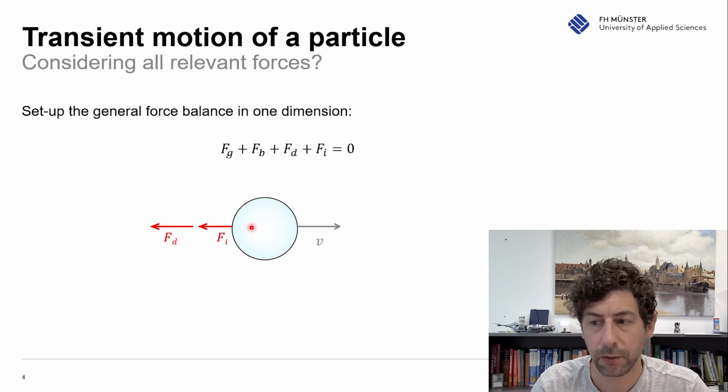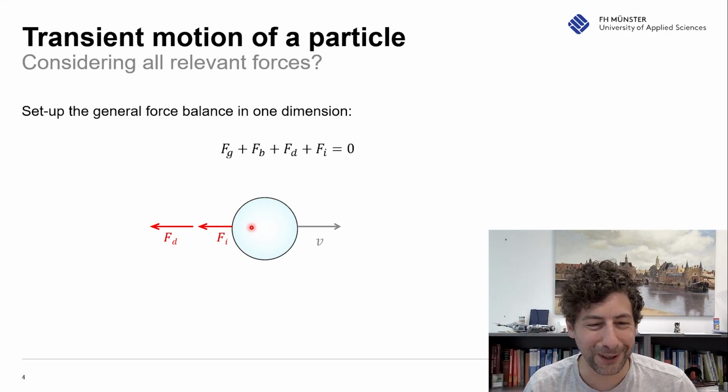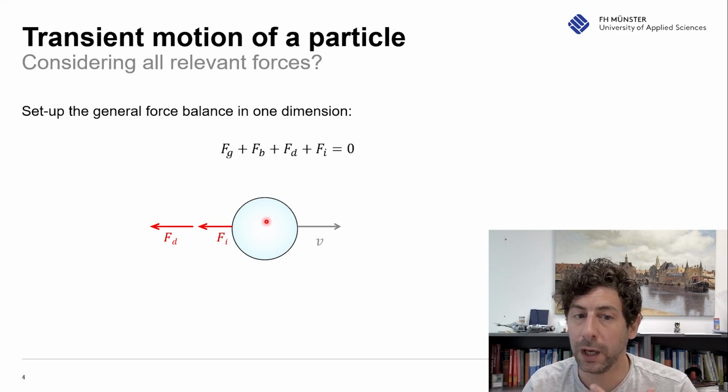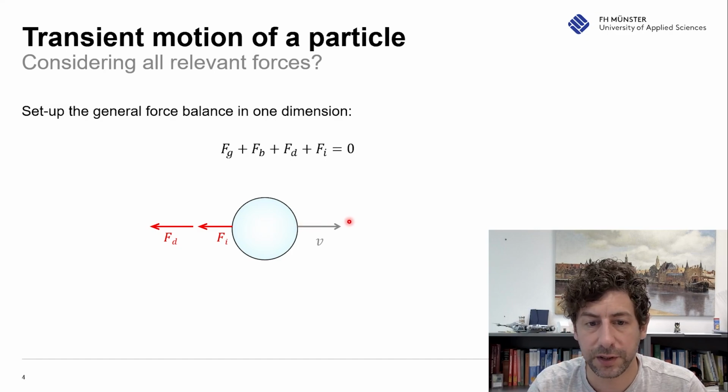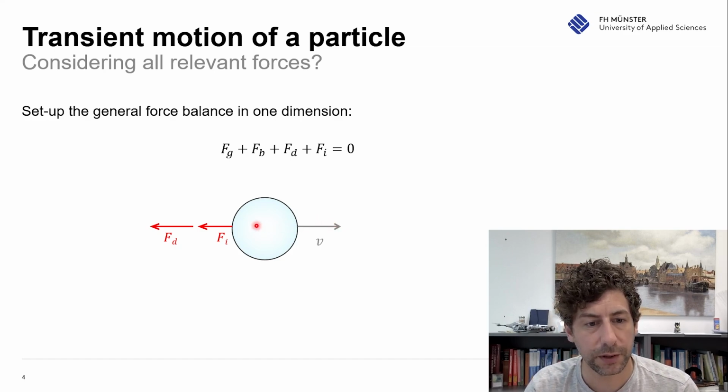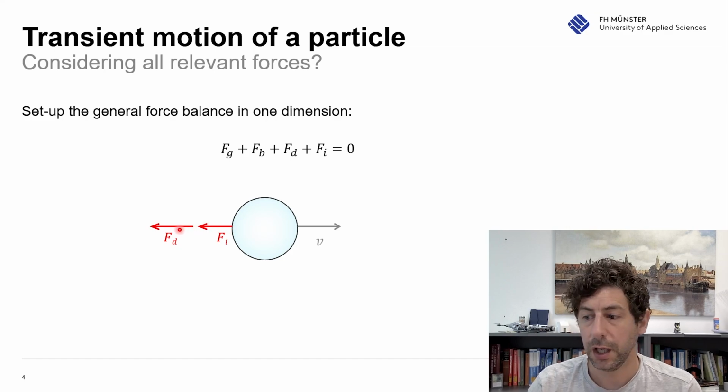But here the particle flies around in any direction, so for a small particle gravity does not have to be considered, and we can make it a one-dimensional case. So the particle already has a velocity, it comes into the system with a velocity, and the velocity changes, right? And then we have the inertia and the drag force, and that's it.